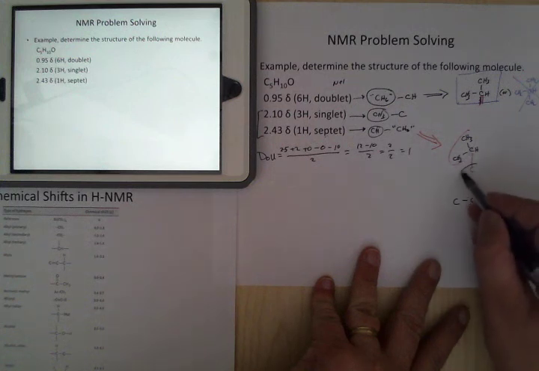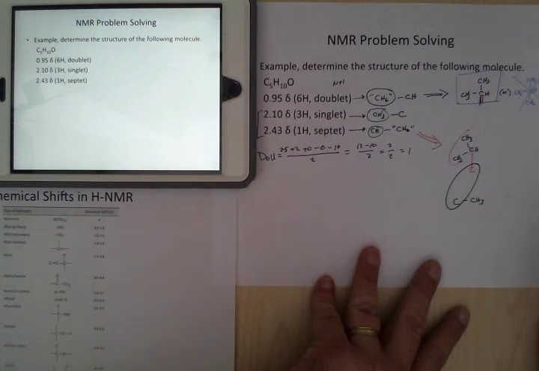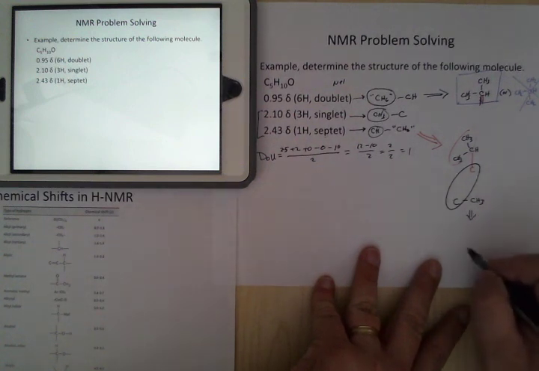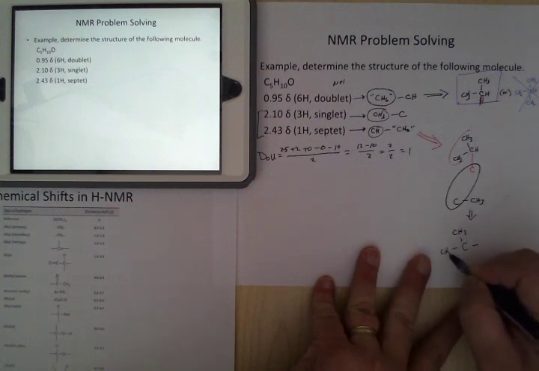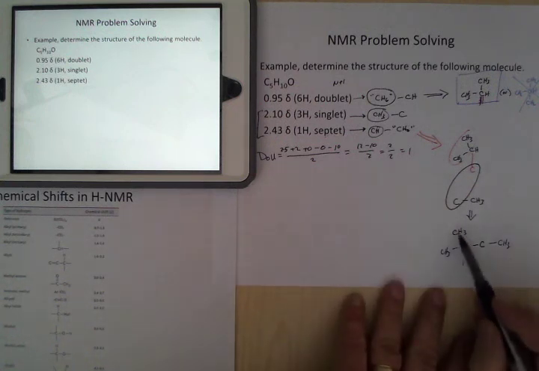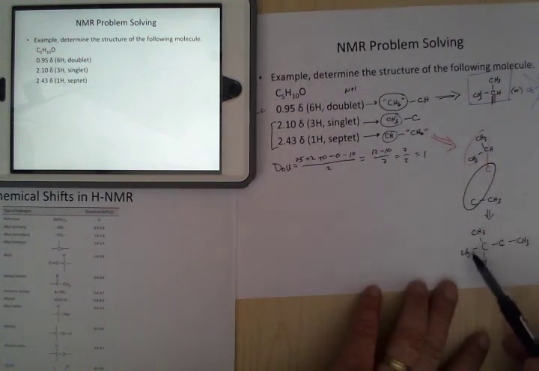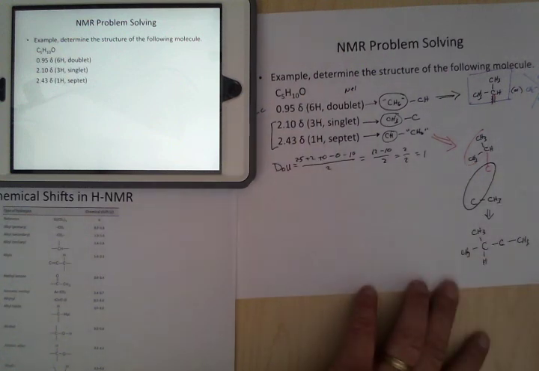But if these two guys are the same, we could connect it like this. Okay, 1, 2, 3, 4, 5. 5 hydrogens, see, 3, 6, 7, 10. There's our 10. So where's the oxygen going to go?